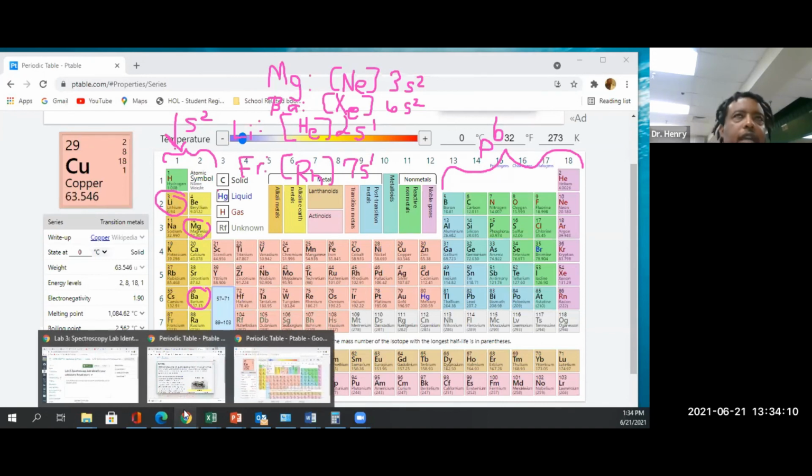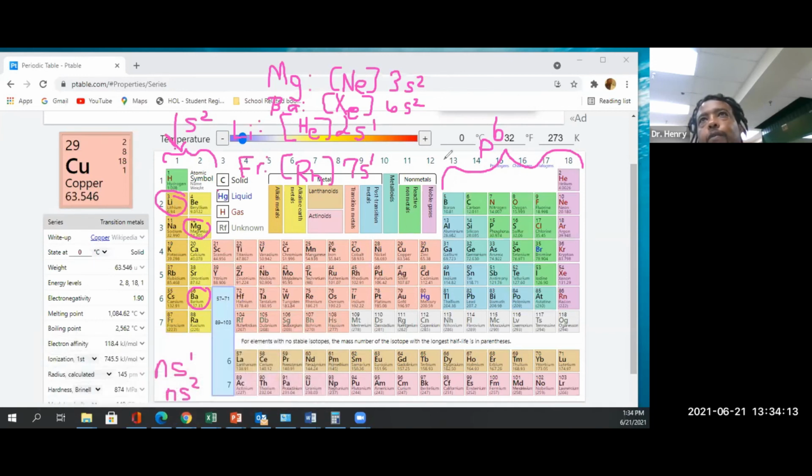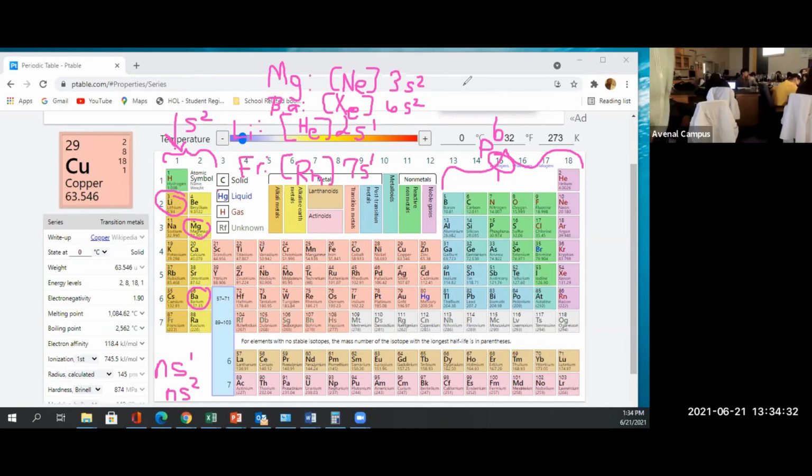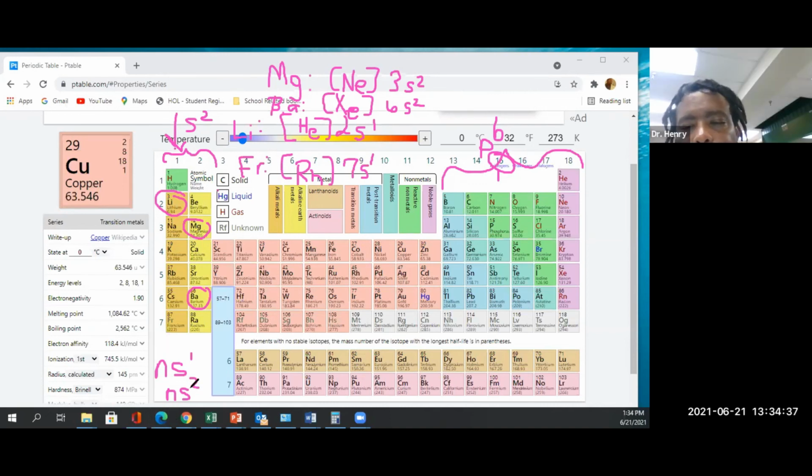Yeah. Okay, so now what about group 15? What would be the pattern for that? Is it going to be 3? No, because how many electrons can we hold in the s orbital? 2.